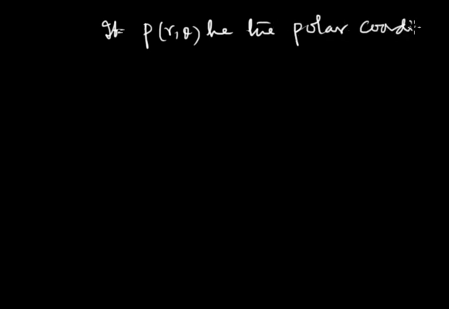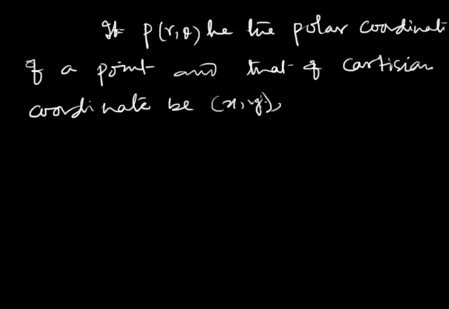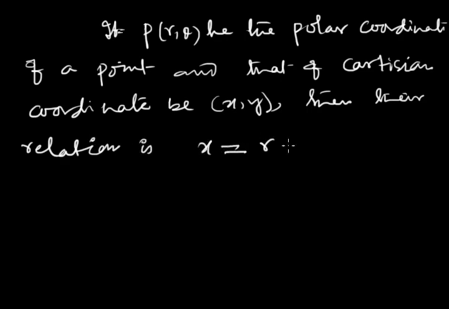Thus we have, if P(r, theta) be the polar coordinate of a point and that of Cartesian coordinate be x comma y, then their relation is x equals r cos theta and y equals r sin theta.